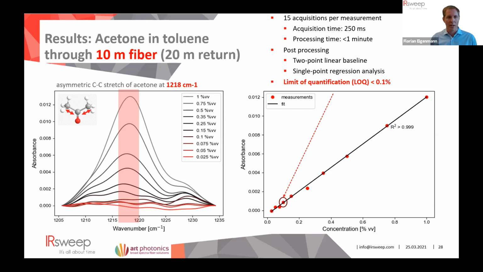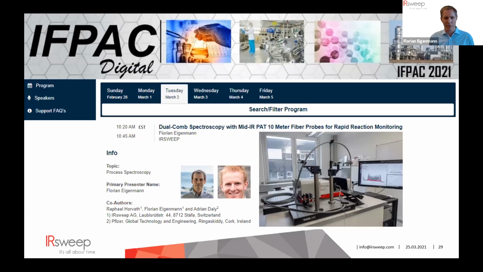So this is very exciting news. I presented that at IFPAC, a process analytical show in the US. Of course, these days it's everything virtual, and the feedback is already great.